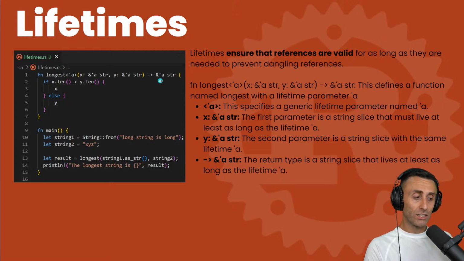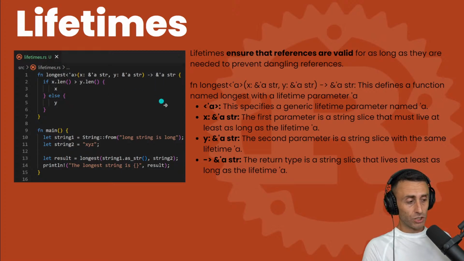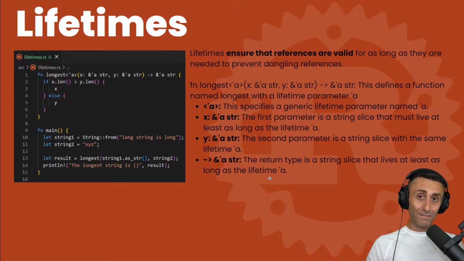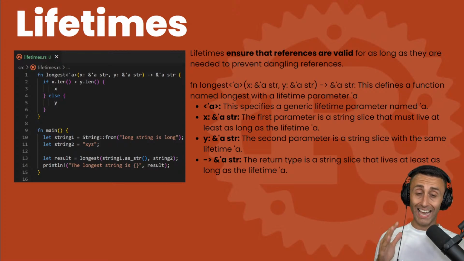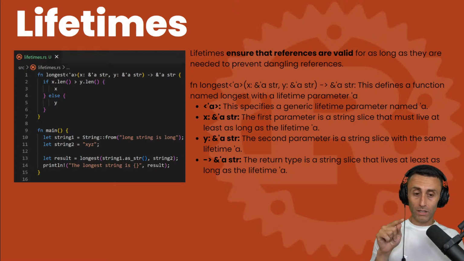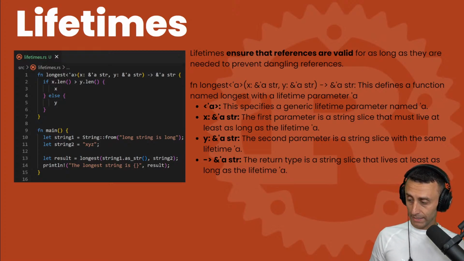And we see that as a return type, this is a string slice that lives at least as long as the lifetime tick a. So this is to avoid having a dangling reference when we are calling this function. This is a more advanced concept, but this is just to have an idea that this is basically to avoid code duplication and to ensure that the references are still valid when they are needed.